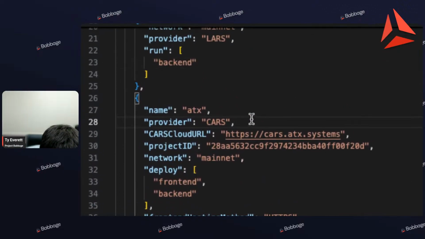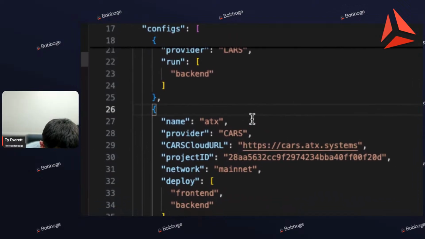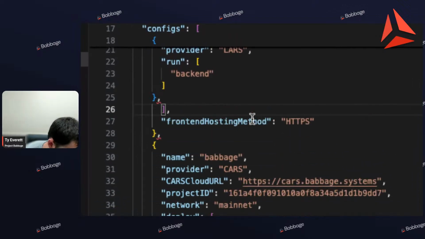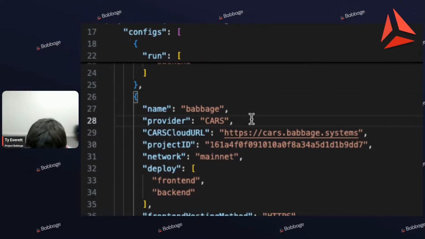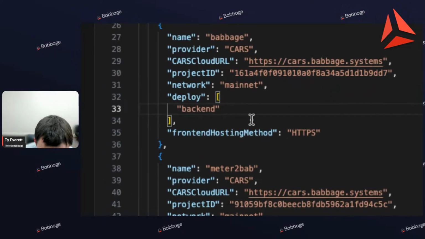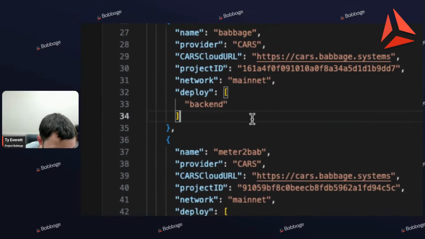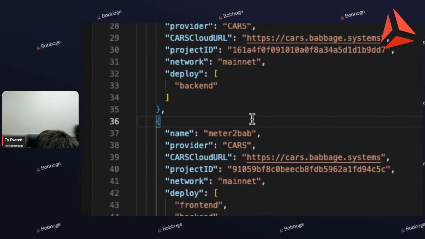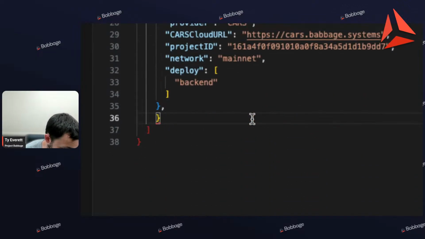And CARS to deploy, this is Degan's thing. CARS to deploy here with a different project ID. And we're only deploying, once again, a backend, so therefore this front-end hosting method, I think, is not required. Oh, and then there's just a random other one. Okay, well, we'll get rid of this one too.